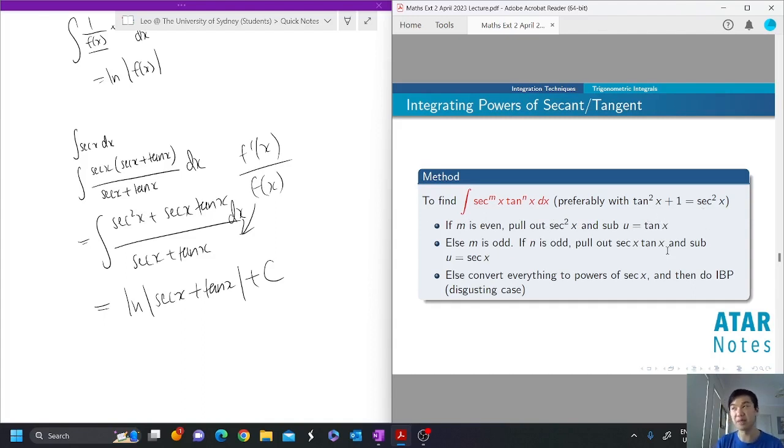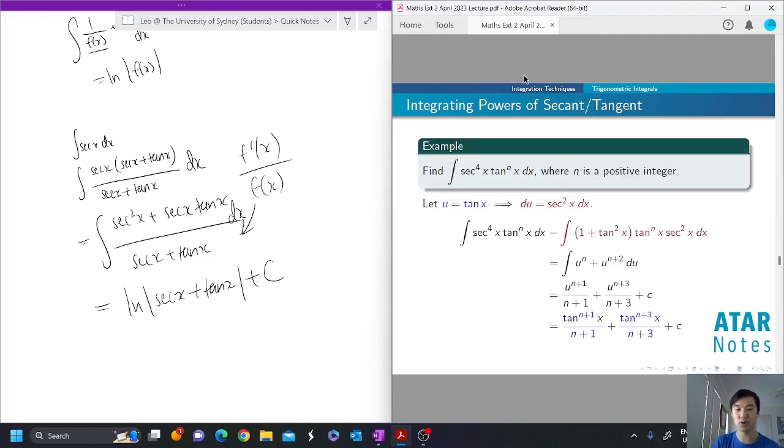So you can do some manipulation with that. If your power of sec is odd, and n is also odd, you can pull out sec x tan x from the integral, then substitute u equals sec x, because we know the derivative of that is going to be sec x tan x. Otherwise, try to convert everything in terms of sec using this identity, then try doing integration by parts. But that's a really horrible case, which hopefully you won't get.